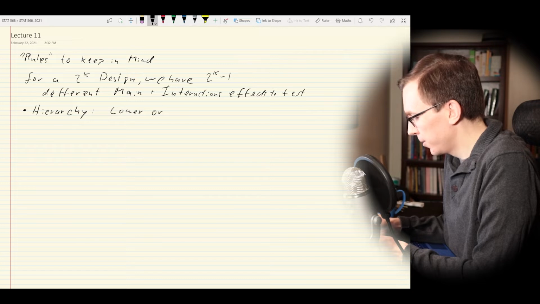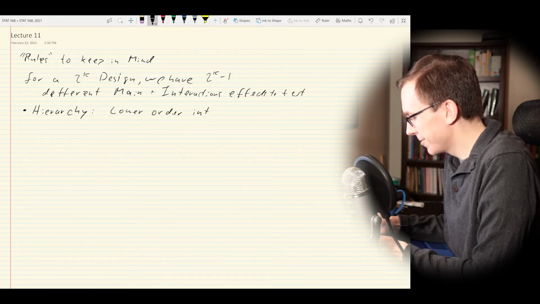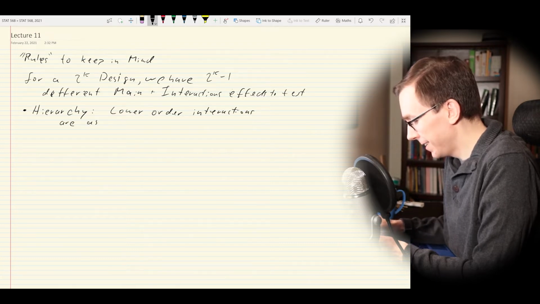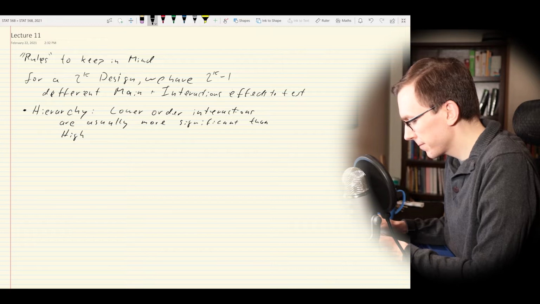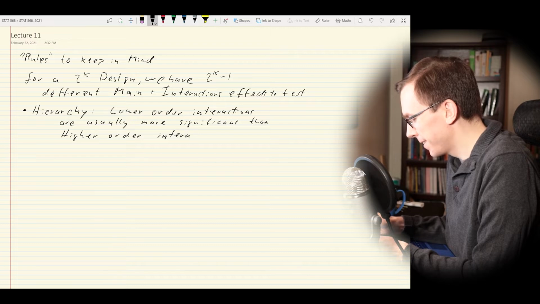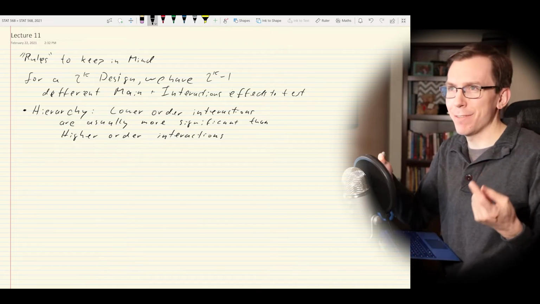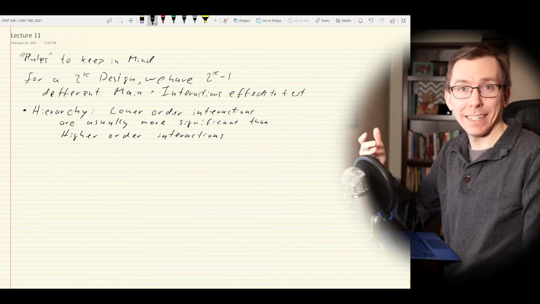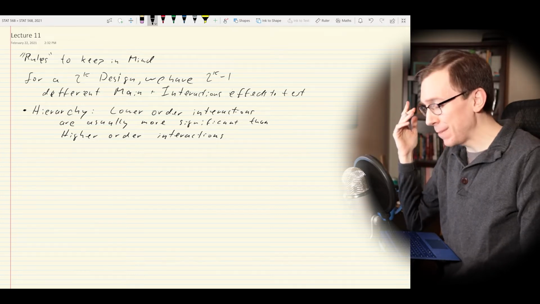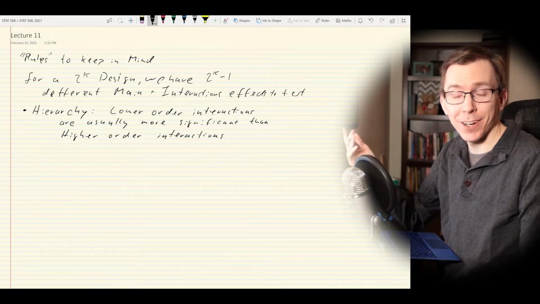Lower order interactions are usually, not always, usually more significant than higher order interactions, with main effects being considered a first order interaction, or being more likely to be significant than anything else. So does it mean that a high order interaction can't be significant? No, it doesn't mean that.